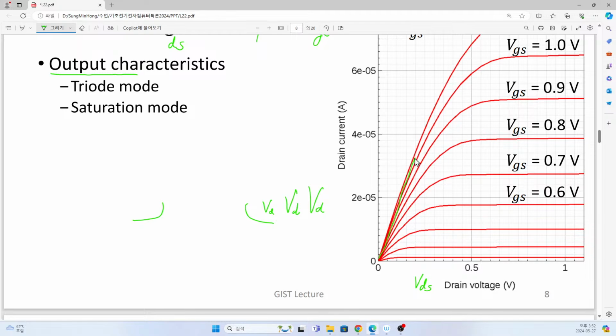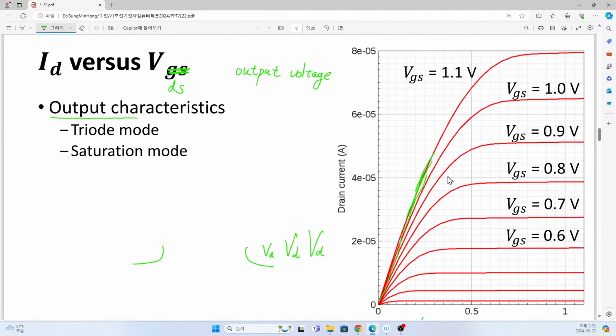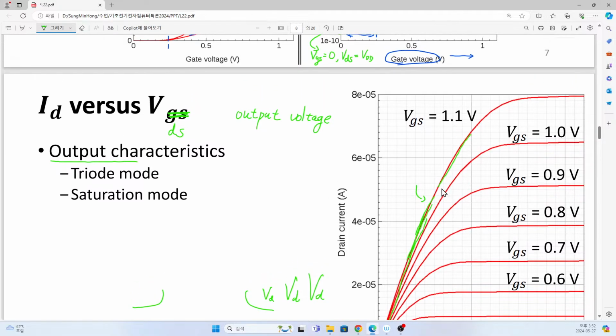So it is true that we have accelerated electrons. That's the reason why we have an increasing current. However, when we apply too high a voltage, in contrast to our naive expectation of ever increasing current, eventually this current is saturated and no longer grows.